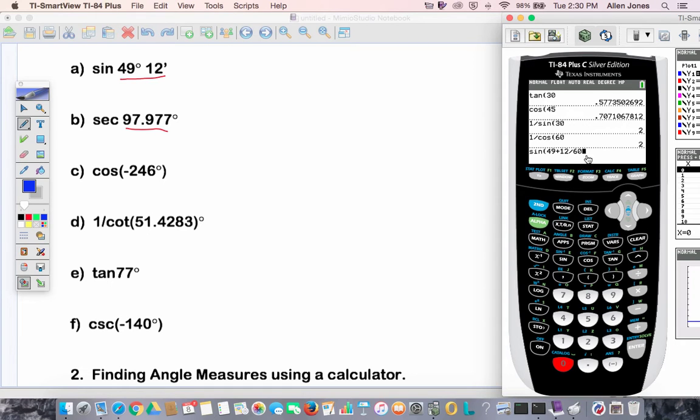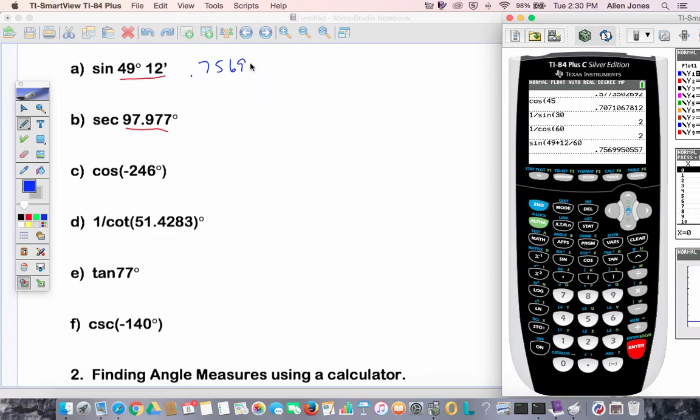Notice my calculator created a parenthesis, so whatever I type in is the actual angle itself, and there are 60 minutes in a degree, so 12/60ths is our decimal value there, and that gets me a value of 0.7569950557.